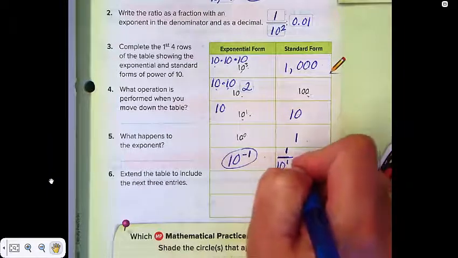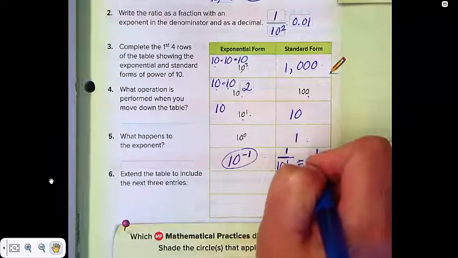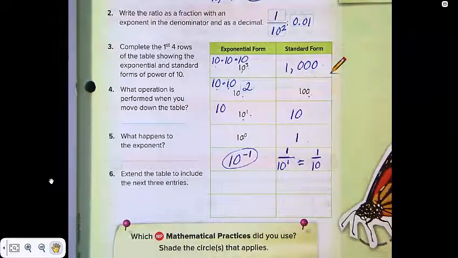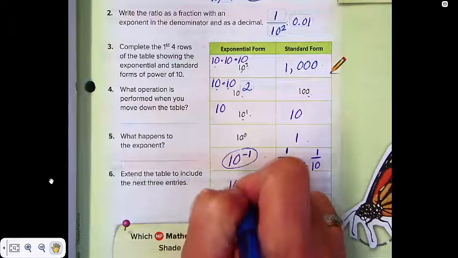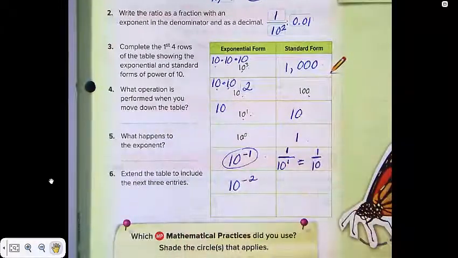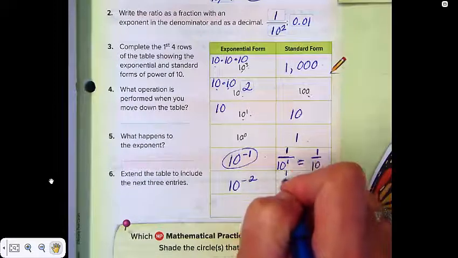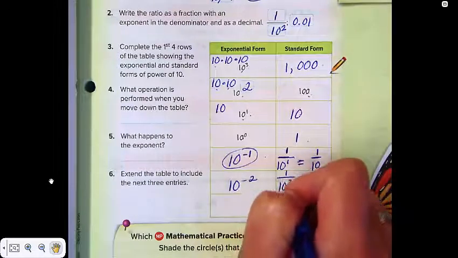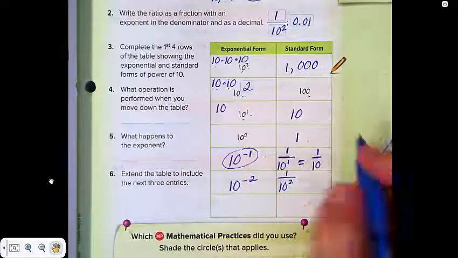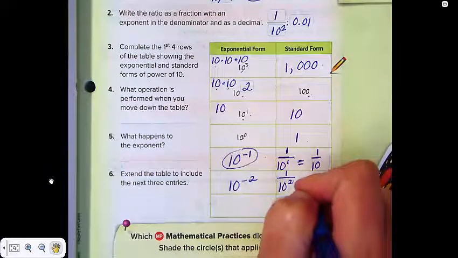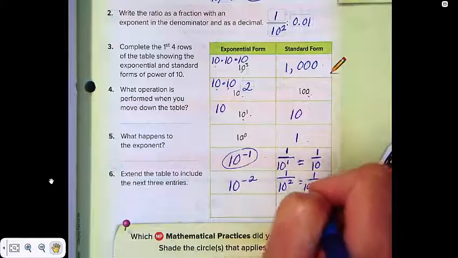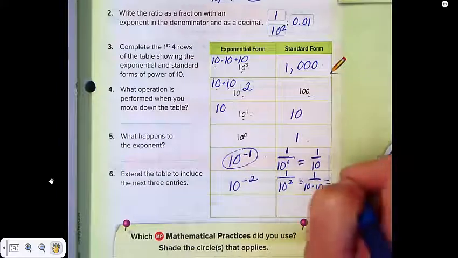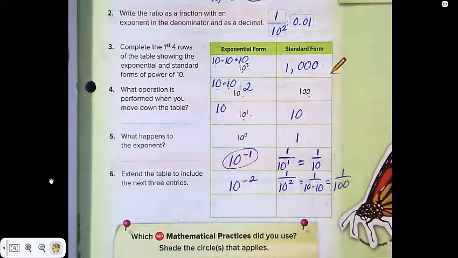And 10 to the first power is 10. Okay, so let's do 10 to the negative 2 power. To get rid of the negative, I make it 1 over 10 to the second power, which is the same as 1 over 10 times 10, which is the same as 1 over 100.